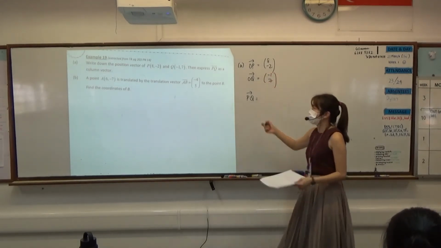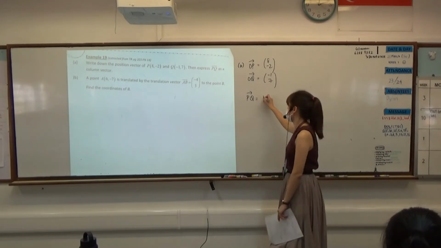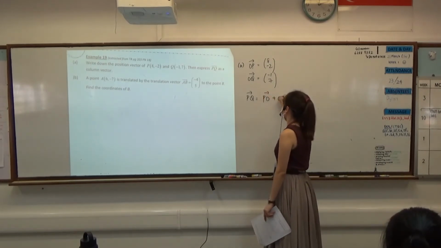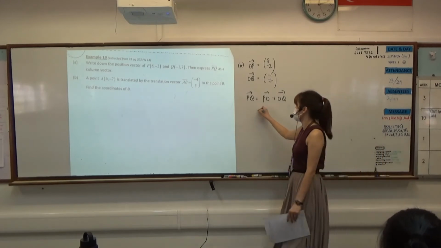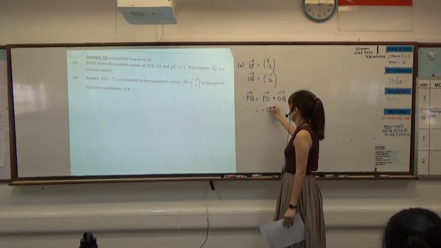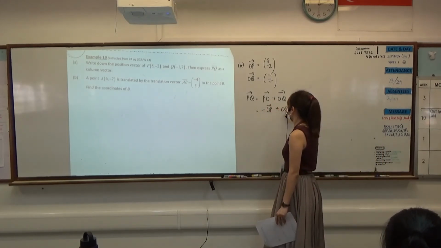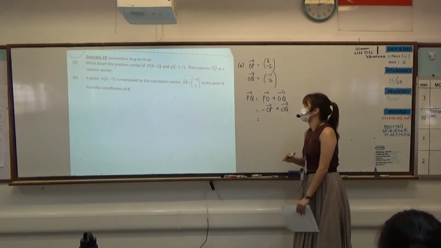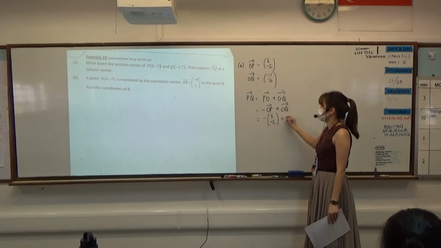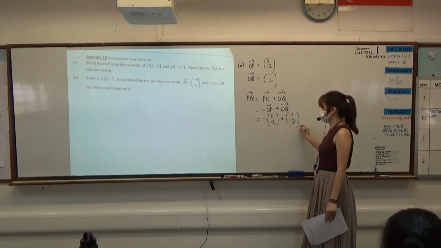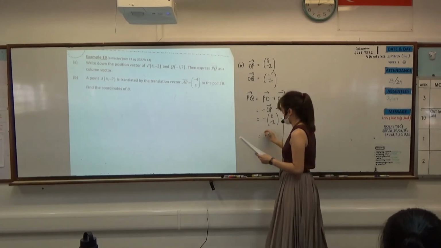To figure out the column vector for PQ, we can say PQ is PO plus OQ. PO is negative OP. So that will be negative of 8, -2 plus -1, 7. And we have -9 and 9.